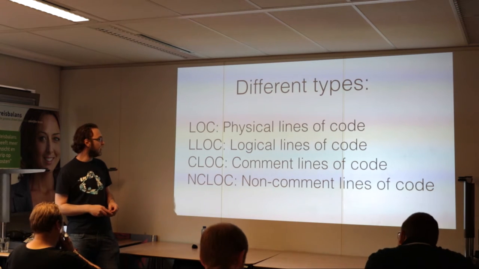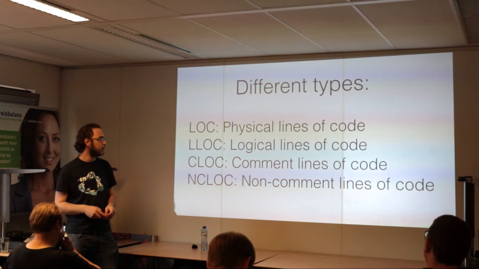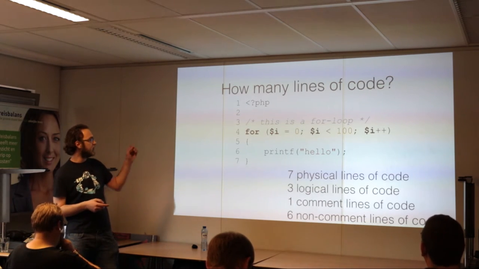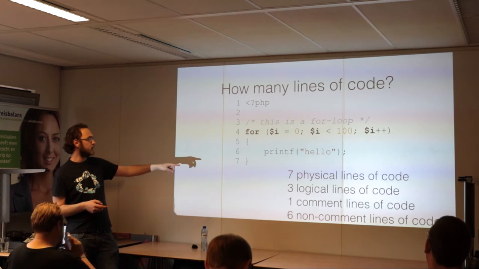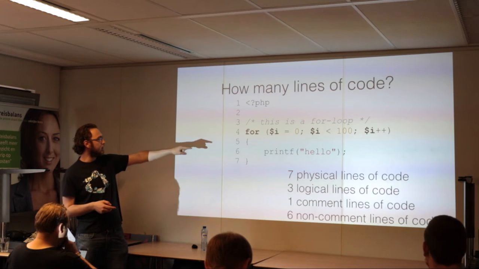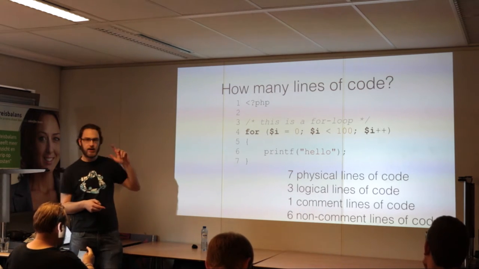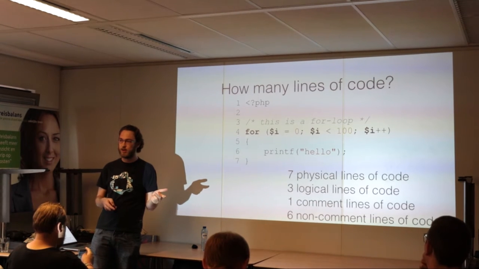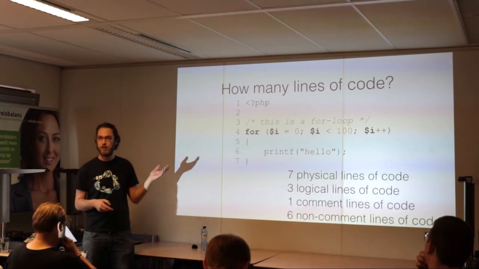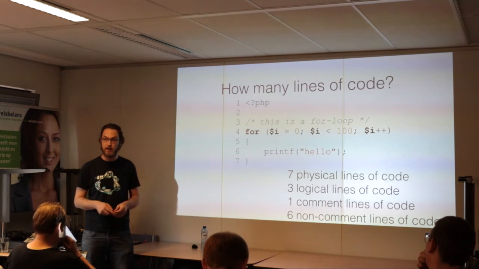And then you have comment lines of code and non-comment lines of code, and they can tell you something about your application. In this case, it's 7 physical lines of code, and 3 logical lines of code, namely the printf, the for statement, and the PHP opening tag. Since these statistics were made originally for languages like Java, you don't have an opening tag there. So they were based upon that, but could be applied in any language.